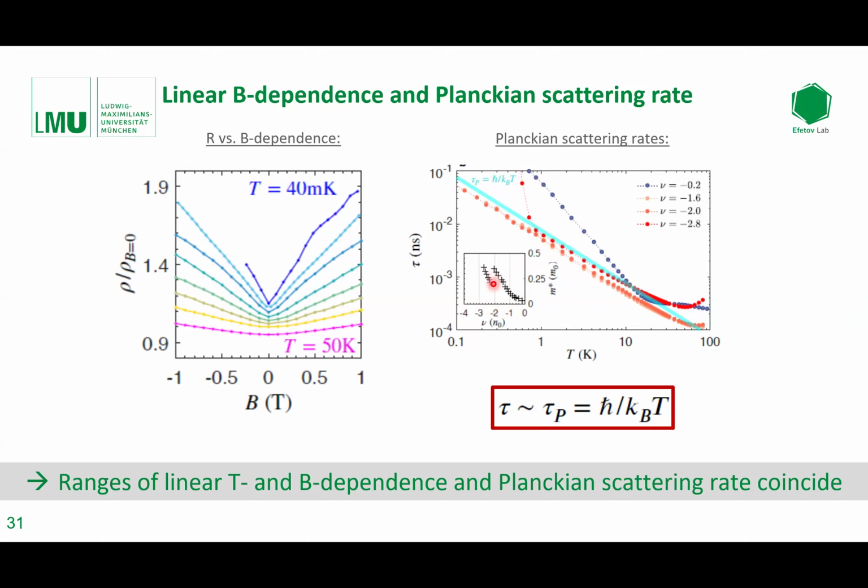Furthermore, from Shubnikov-de Haas oscillations, we were able to extract the effective mass of these electrons in the metallic states. We were also able to show that the scattering times that we extracted from the Drude model were in line with the resistivity values and the slopes in the resistivity that we obtained, hinting towards a potential Planckian scattering rate that defines the resistance values that we observe here.